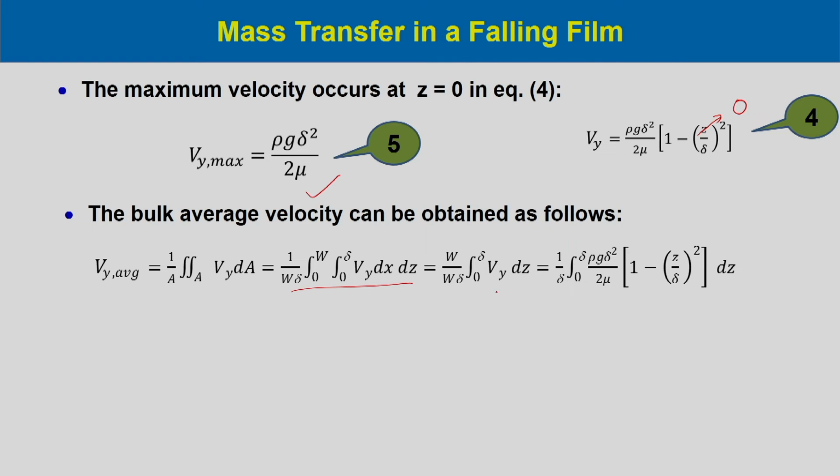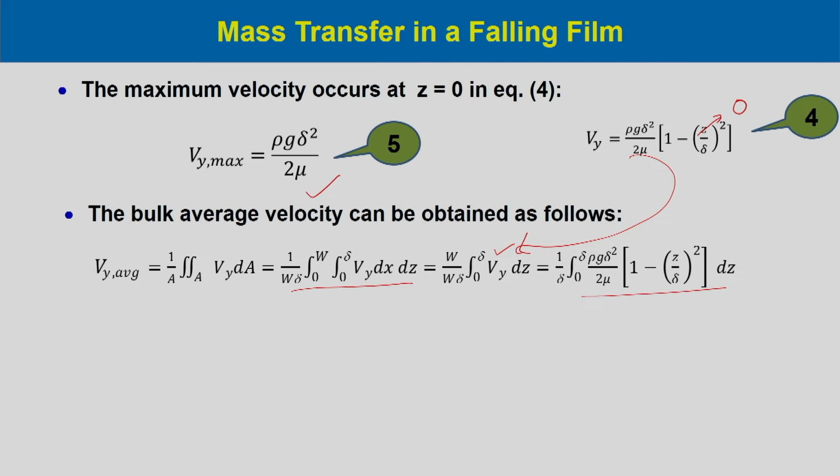And if we just integrate sequentially, it will give w by w delta integral 0 to delta V y dz, and then again if we integrate, it will be 1 by delta integral 0 to delta rho g delta square by twice mu into 1 minus z by delta whole square. That means, if we substitute V y from these equations over here, you will obtain these relations.